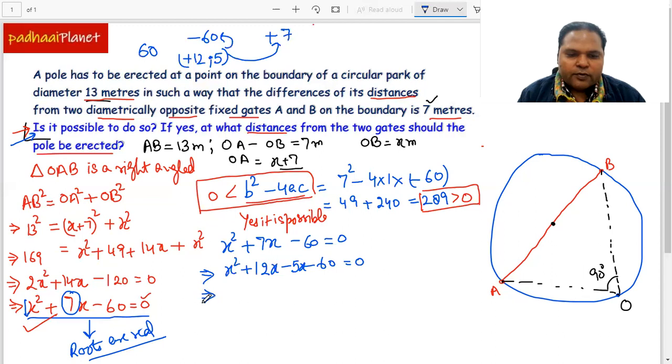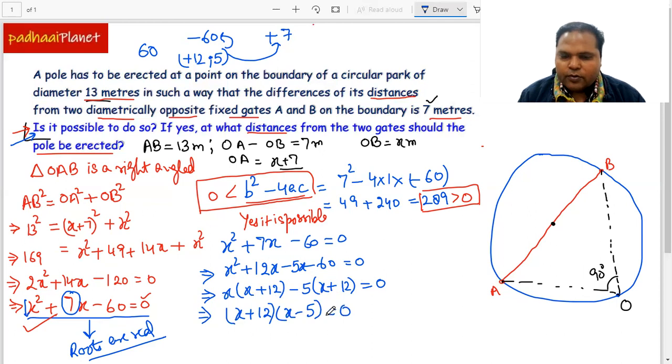And now let's further simplify it. We've got x common from here. So we have x times x plus 12, minus 5 times x plus 12, that's equal to 0. And finally what we have is x plus 12 times x minus 5, that's equal to 0.